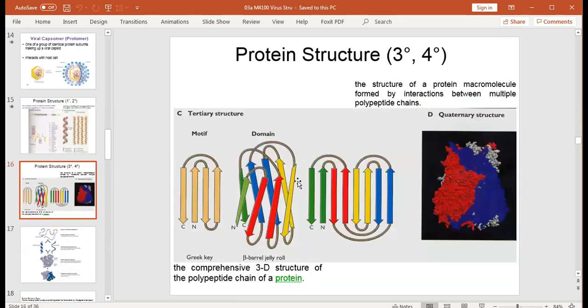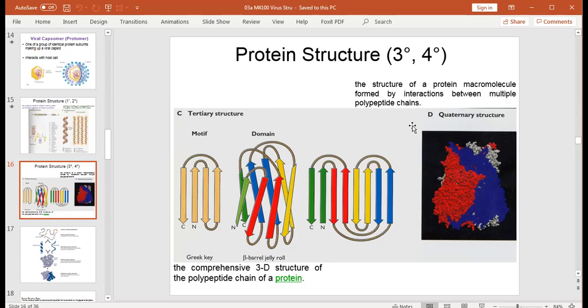Whereas the tertiary structure of a protein is the entire and comprehensive 3-dimensional structure of the polypeptide chain of a protein. It can be either anti-parallel or beta-pleated sheets, which I'm sure you have learned in molecular genetics and chemistry courses before.